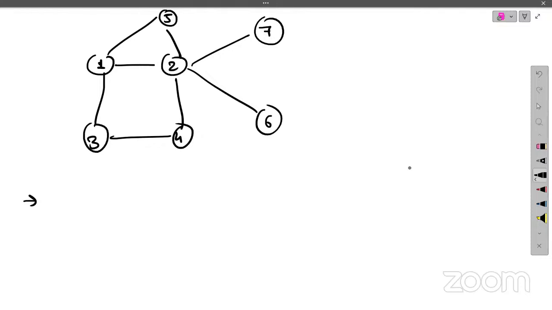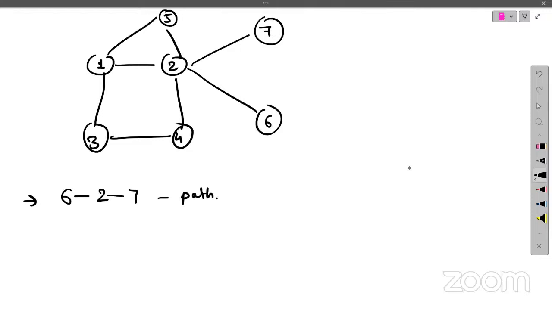One thing I can do is follow this sequence: start from 6, go to 2 and then go to 7. Now this is a path, because it is a sequence of vertices, each next vertex is connected to the previous vertex via one edge, and it is not repeating any vertex.